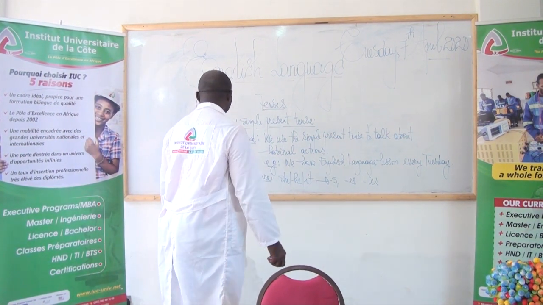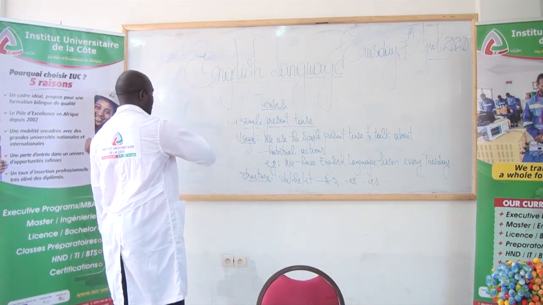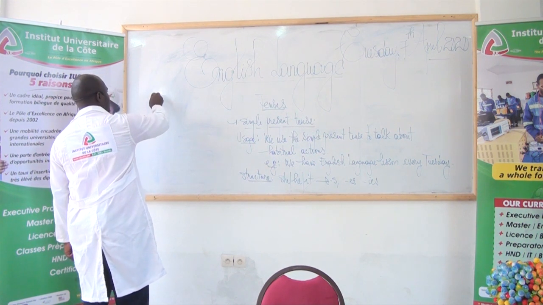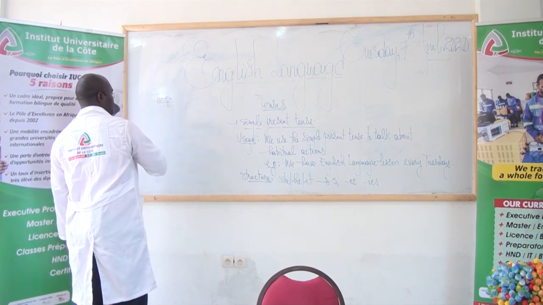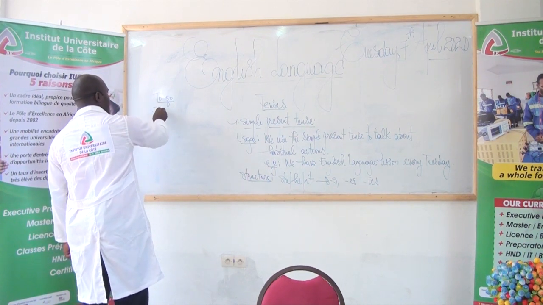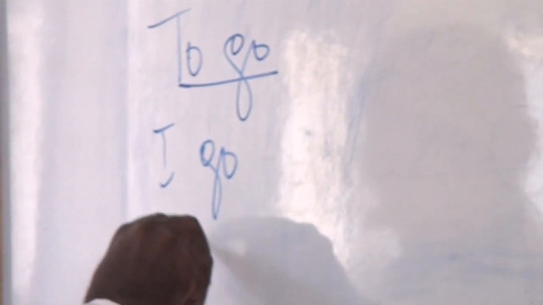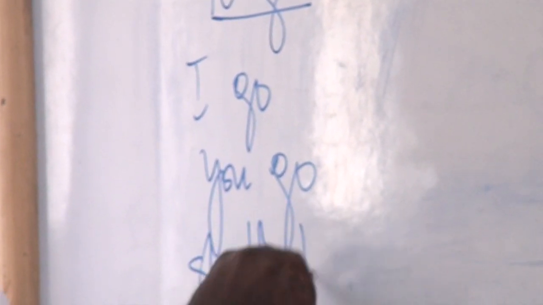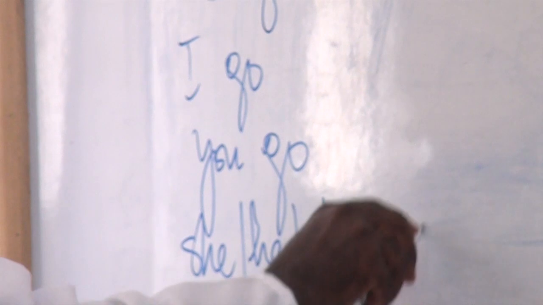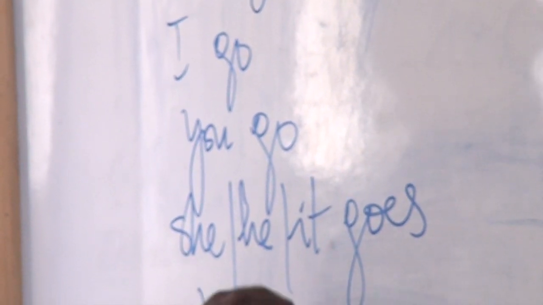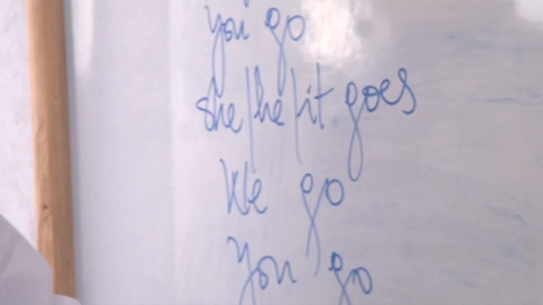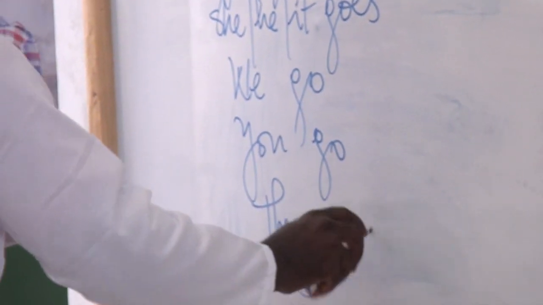For example, if you take the verb to go, we will say I go, you go, she or he or it goes, we go, you go, and they go.